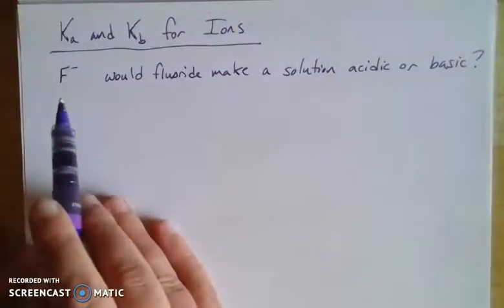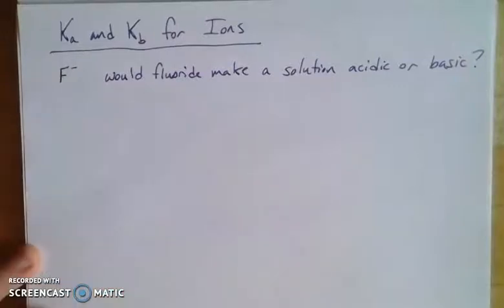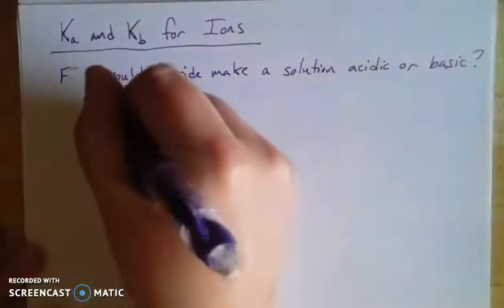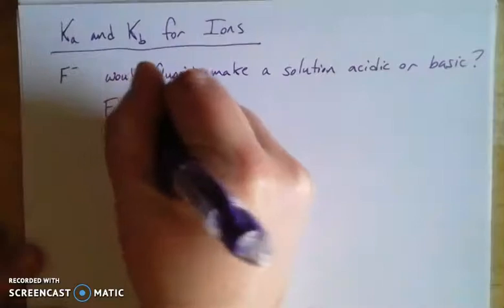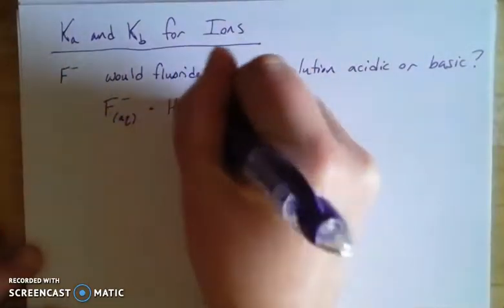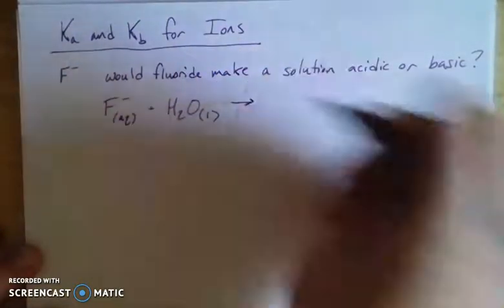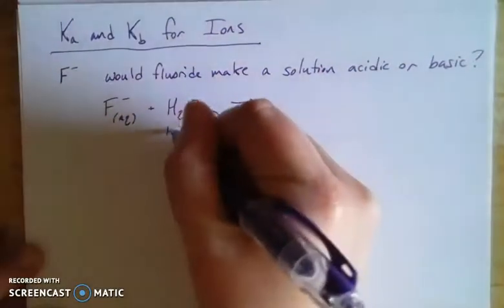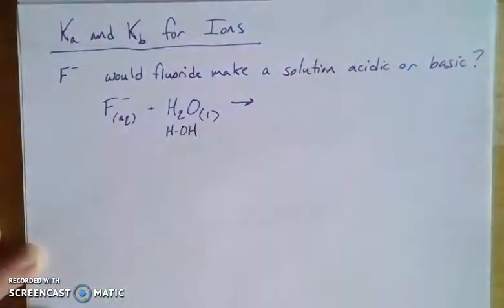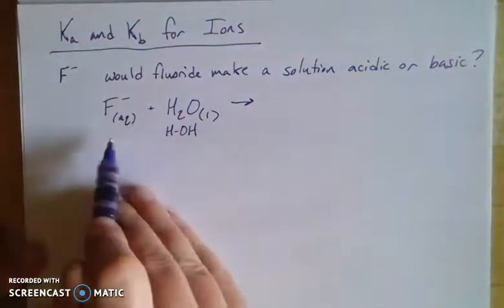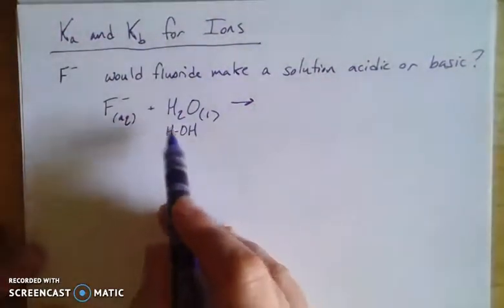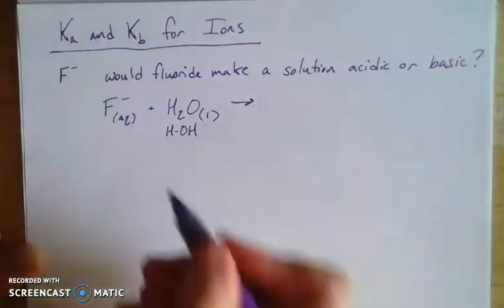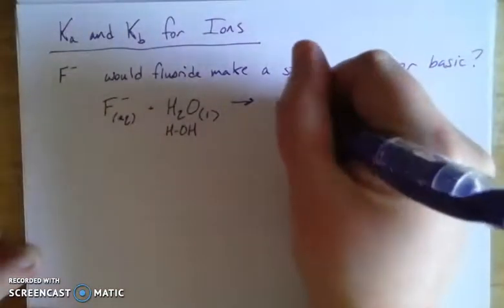So let's take fluoride, for example. Would fluoride make a solution acidic or basic? So we're really asking, if I have a fluoride ion in an aqueous solution, what's going to happen? If we think about water as hydrogen hydroxide, which part of the water would fluoride be most interested in? Well, it would be the most interested in my positively charged hydrogen ion.